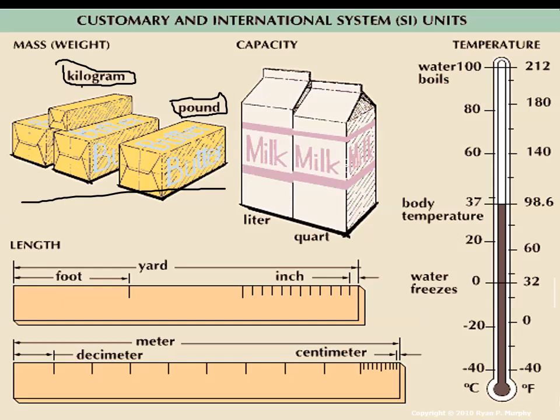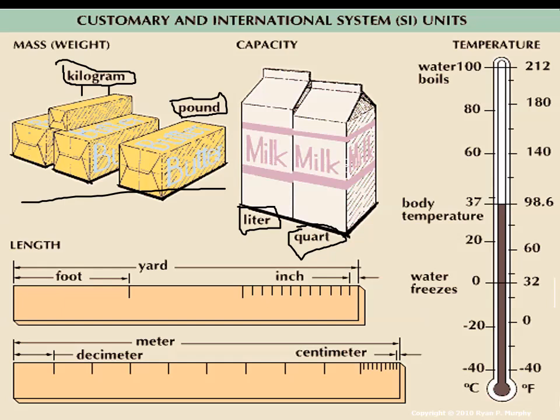We see our kilo right here, and we see our gram here. So you can figure out that gram is kind of something like a pound. It's a similar idea. We're measuring the weight of something. Over here we have quarts. Sometimes we buy milk in quarts in America, but everywhere else they buy their milk in liters.